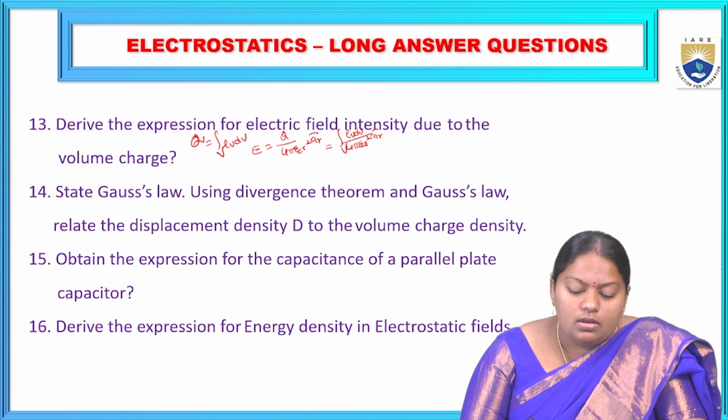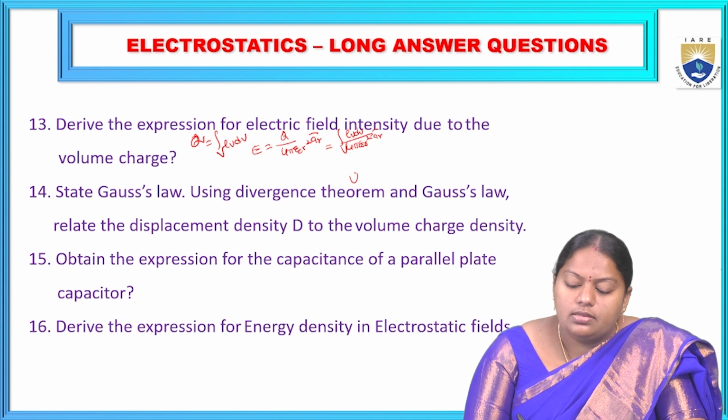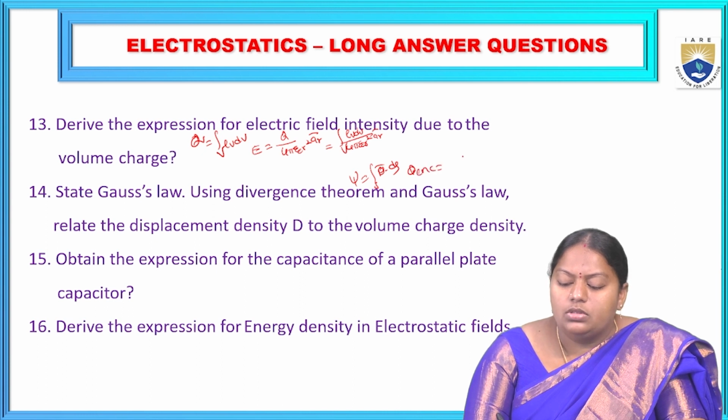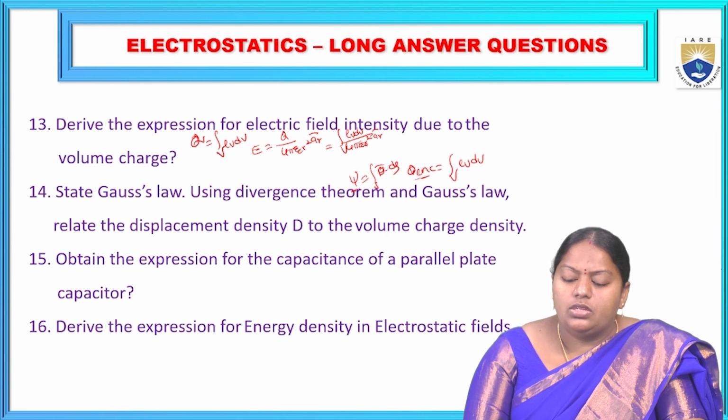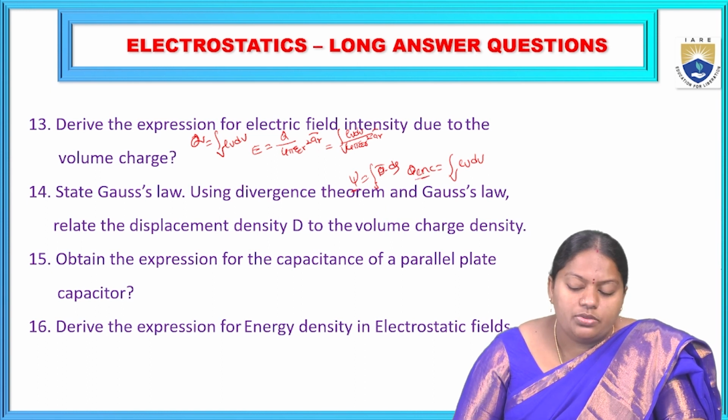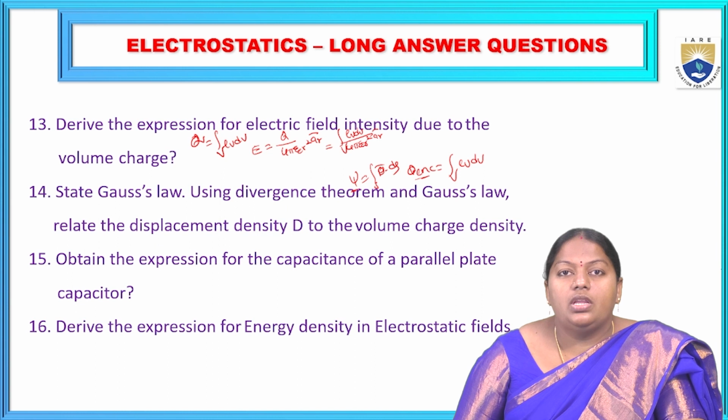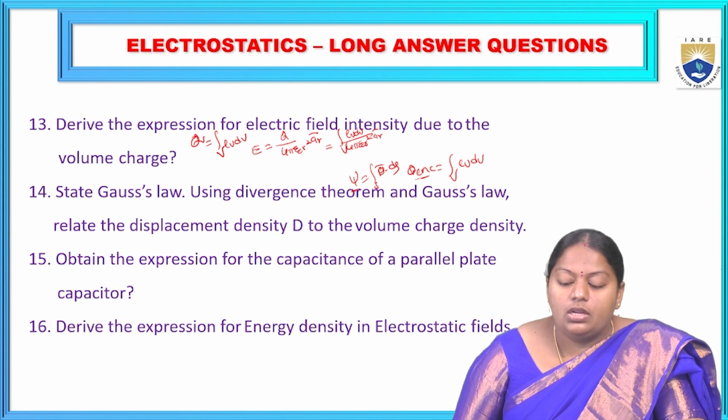Then state Gauss law using the divergence theorem, and relate the electric flux density D and the volume charge density. Gauss law: psi is equal to closed surface integral of D dot dS, and Q enclosed is equal to integral over V of rho V dV. The electric flux passing through any closed surface is equal to the total charge enclosed by that surface.